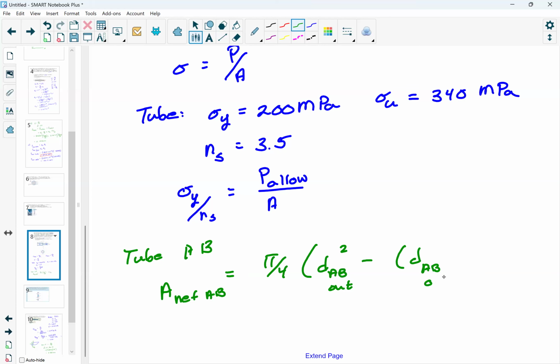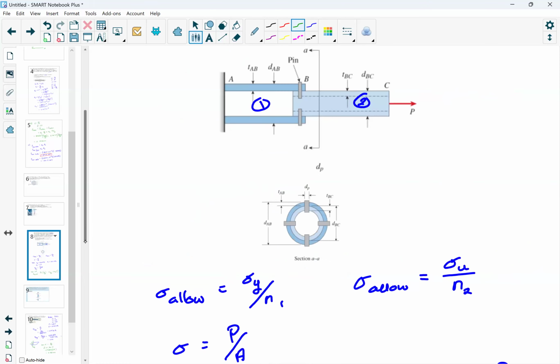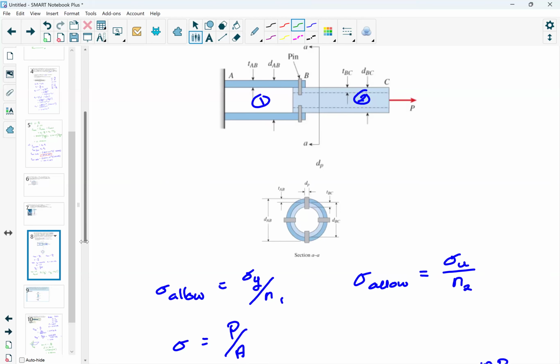Well, we need the inside area, so that's going to be the outside diameter minus the thickness. This is my outer diameter minus my inner diameter, but we're not given that inner diameter, so we have to calculate it. The reason we're multiplying by 2 on the thickness is because we're dealing with diameter, not radius. So if you look, you've got your outer diameter here, and the inner diameter is going to be affected here and here.